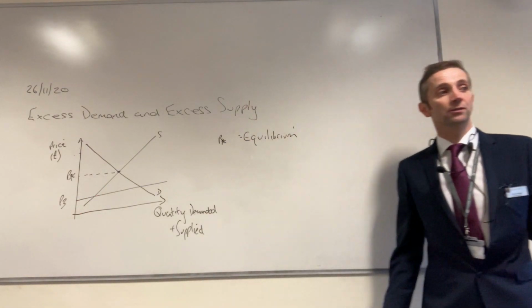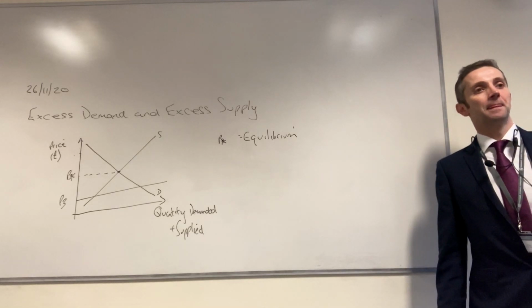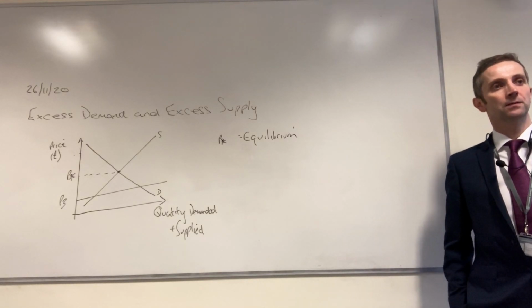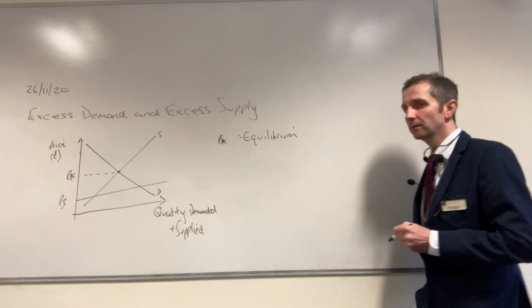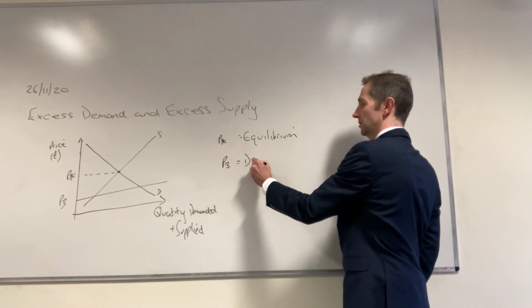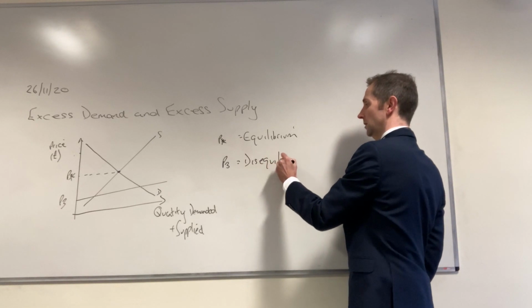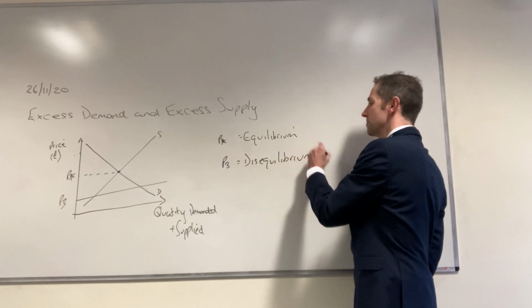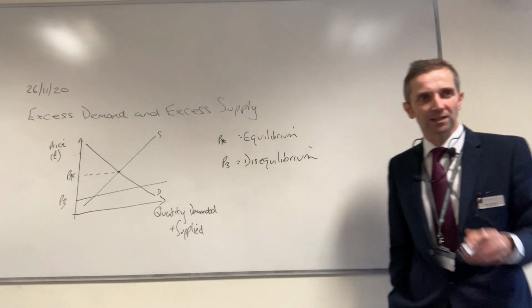Right, so what's it called if it's not equilibrium? Disequilibrium, okay. So P3 is disequilibrium. Phoebe, I'd like to know a bit more about that disequilibrium.